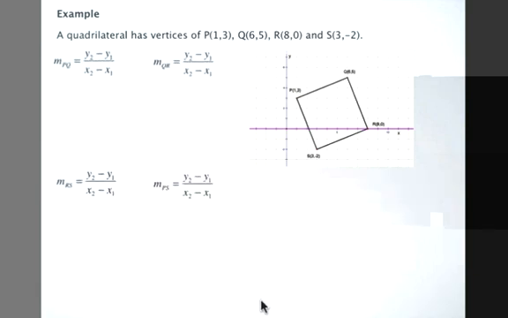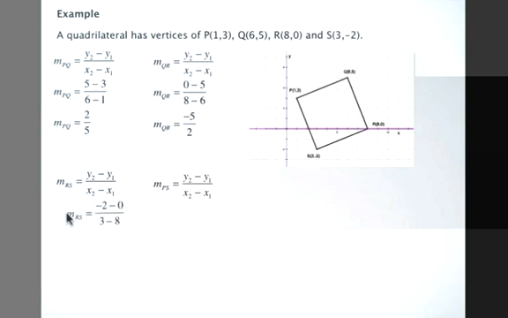So we'll write the slope formula 4 times and sub in. So y2 minus y1 is 5 minus 3, x2 minus x1 is 6 minus 1, giving us a slope of 2 over 5 for side PQ. For side QR, 0 minus 5 over 8 minus 6 gives us a slope of negative 5 over 2 for side QR.